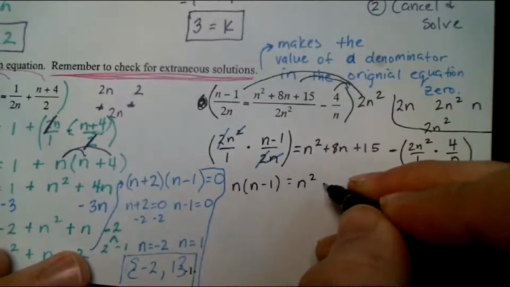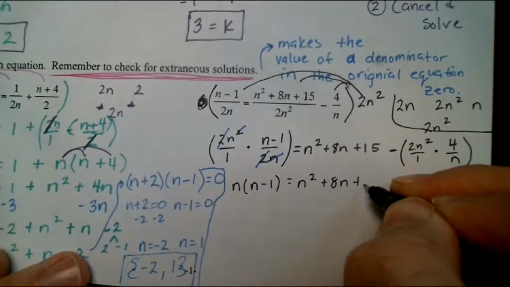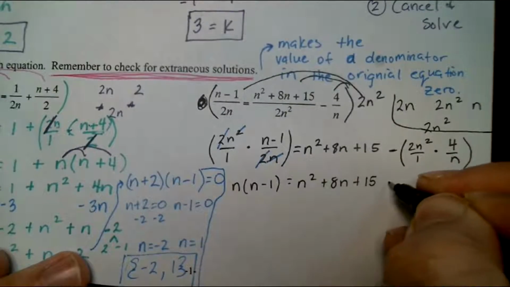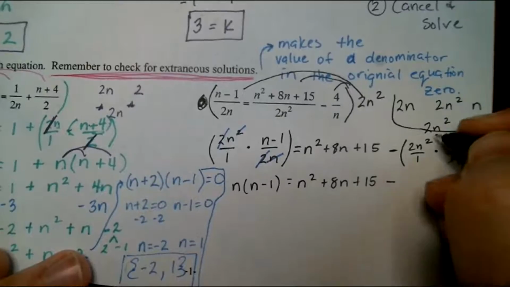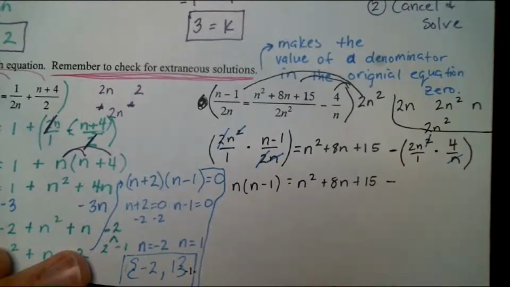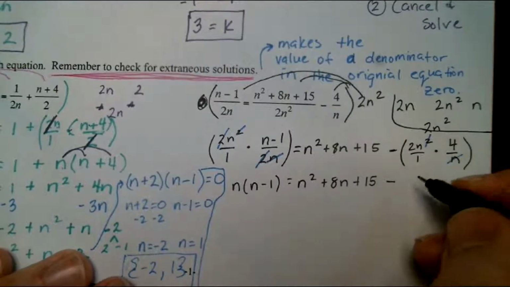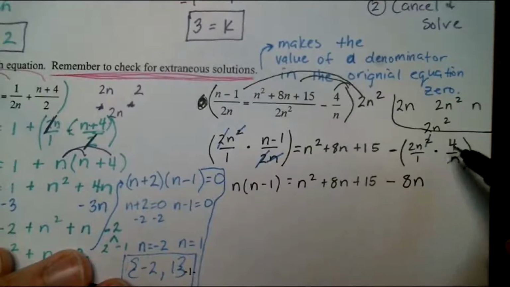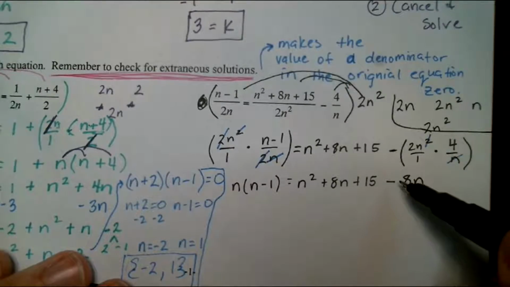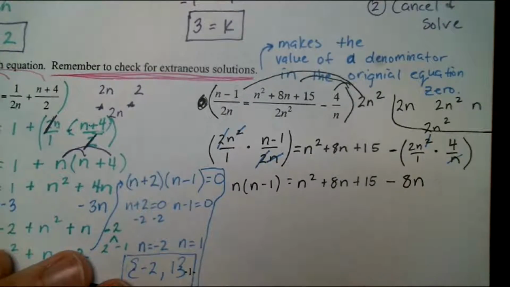And then n squared plus 8n plus 15. And then minus whatever this is going to be in here. So here, my n cancels with one of those n's, which is just marking off the square. And then 2n times 4 is 8n, so minus 8n. And since that's just a monomial, I don't have to distribute the negative. I can just attach it to the 8n.